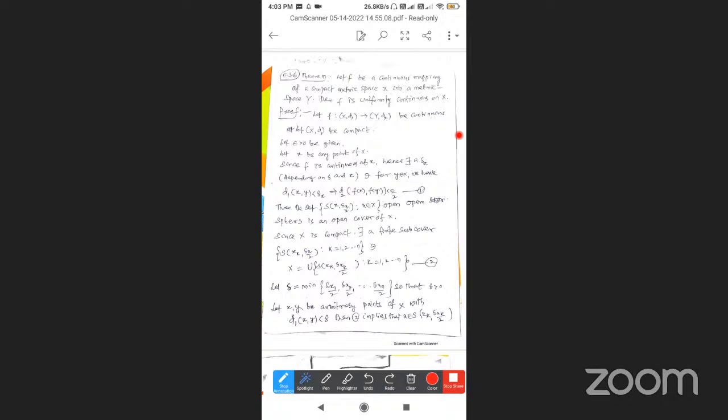The theorem statement: if f is a continuous mapping from a compact metric space X into another metric space Y, then f is uniformly continuous on X.